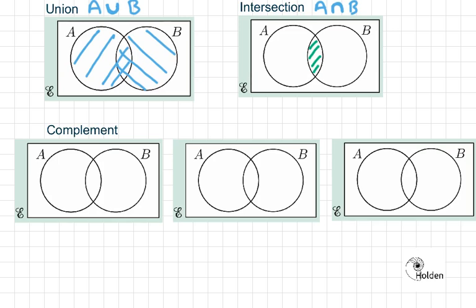Okay? So underneath we've got a few things that are complement. So you're going to have to get used to the notation. So the complement of A is the region that is not A. So this area is not A. This area is not A either.